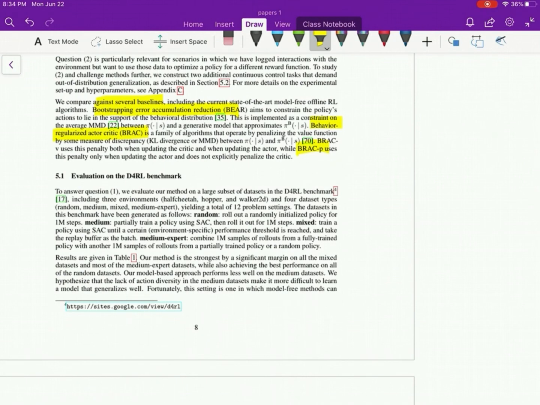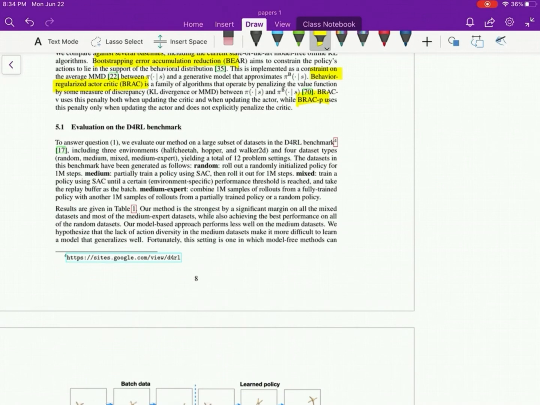The first section is on comparing, the table one which we already saw. So half cheetah, hopper. The datasets are being generated from random rollouts. Medium is just from partially trained policies using SAC. Mixed is the policy being used from SAC until a certain performance.